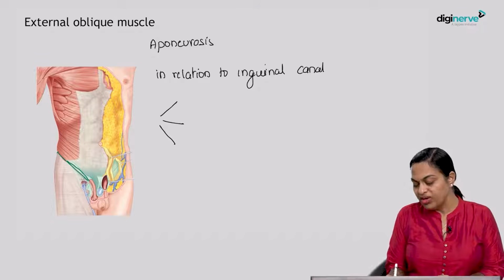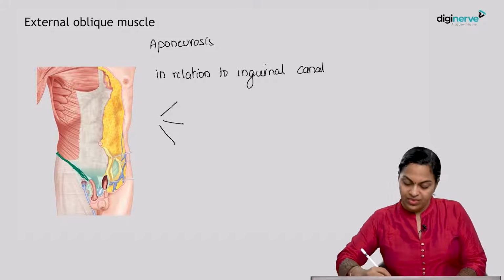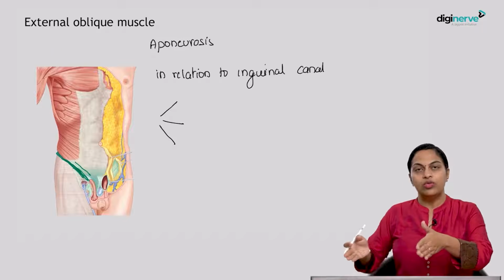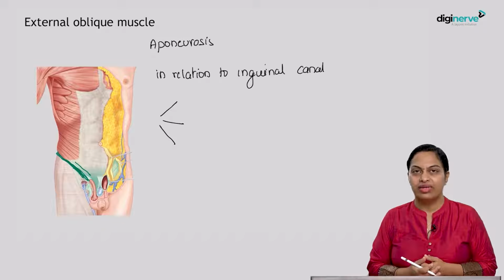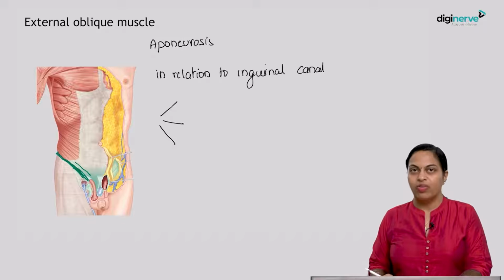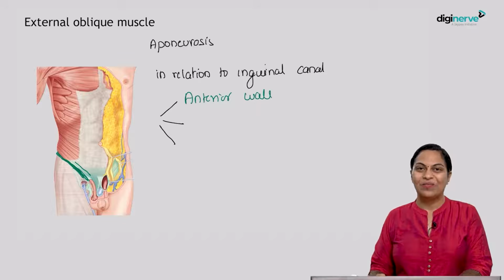From the anterosuperior iliac spine to the pubic tubercle is the inguinal ligament. The inguinal canal lies just parallel to the medial half of the inguinal ligament. This external oblique aponeurosis will form the anterior wall of the inguinal canal.